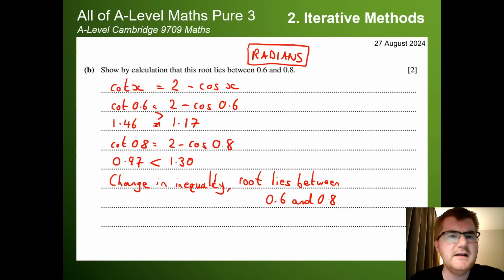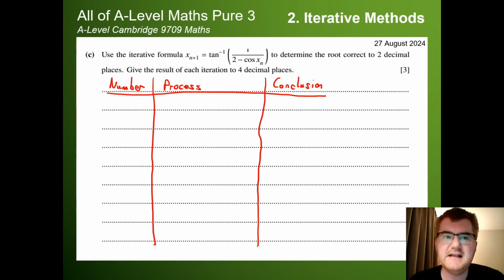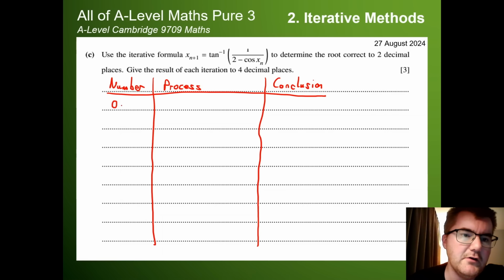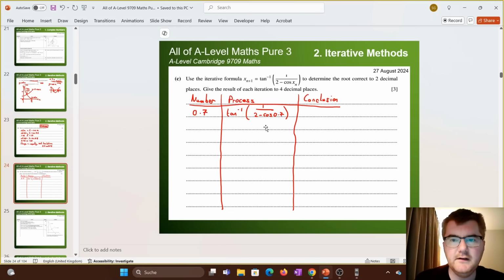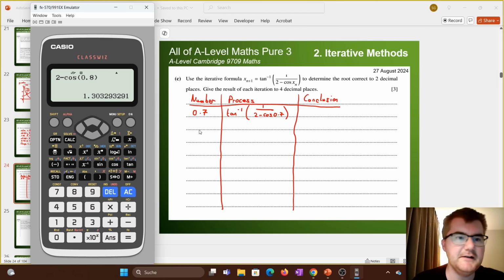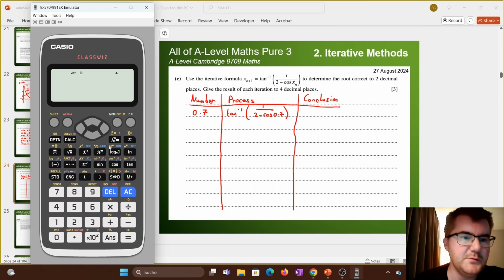So we know it's between 0.6 and 0.8, so let's try 0.7 here. So we're going to try 0.7, then we're going to do tan inverse of 1 over 2 minus cos of 0.7. So if I go to my calculator, and just be very careful as we type this in.